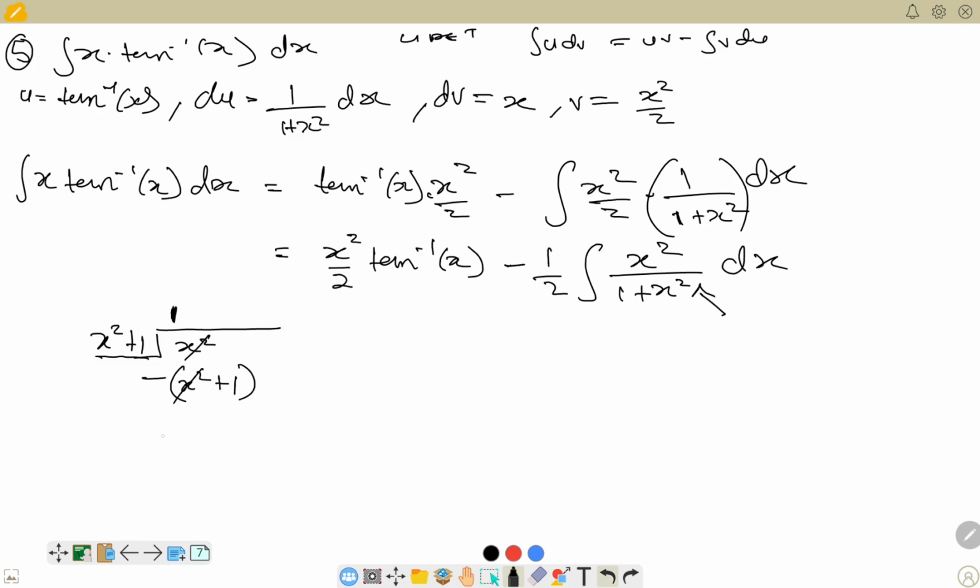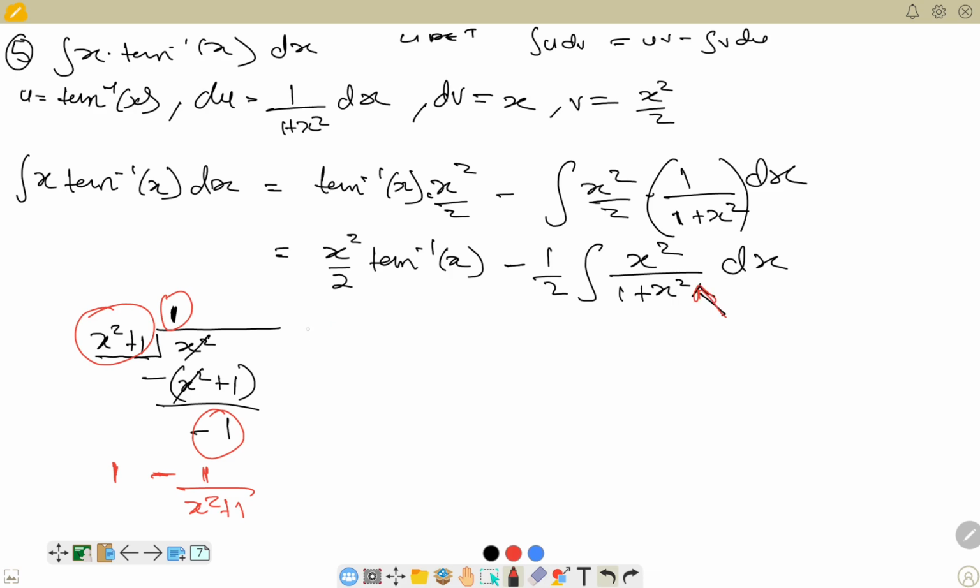So this one and this one, they cancel, then we are left with negative 1. So what we do, we take this one here, then we write it here, then we say minus 1 divided by this one here. So it's going to be like this. So now this is the division form. It's the same, this and that.